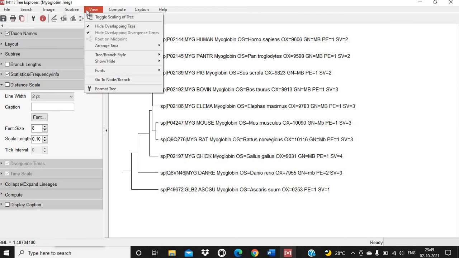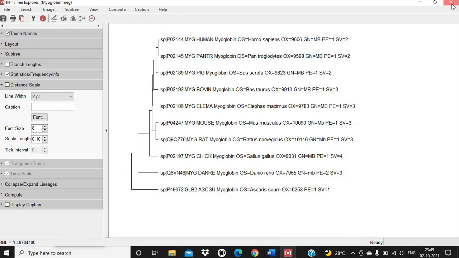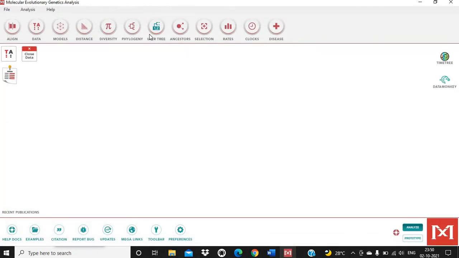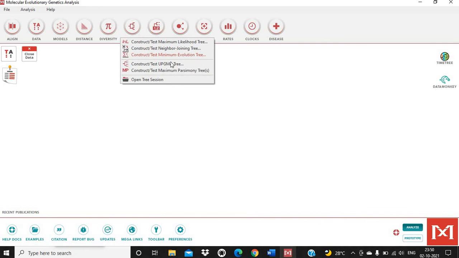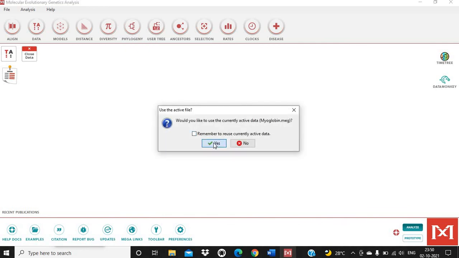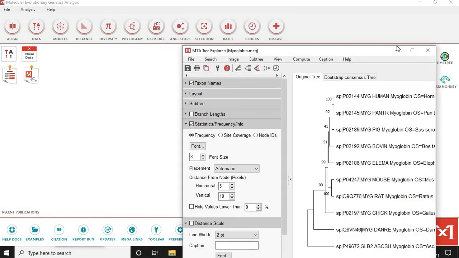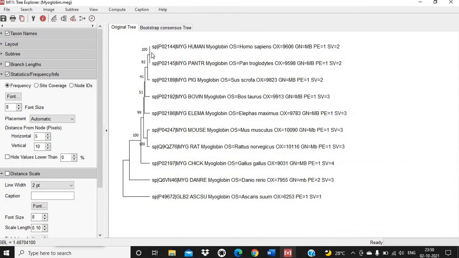Another thing is we can also test the tree. So let me show you how to test the tree. In this, I'm going to use the bootstrap method. Here the number of bootstrap replications is 100. And you see that these are the digits, basically like a confidence level. If it is 100, it means it's most probable that the relationship is true.